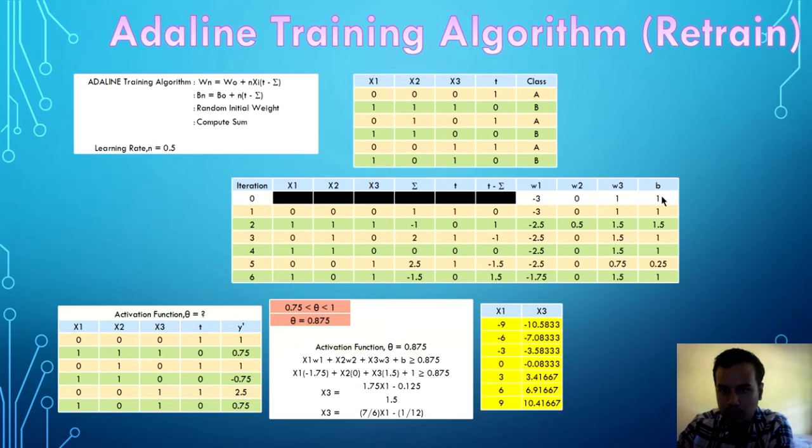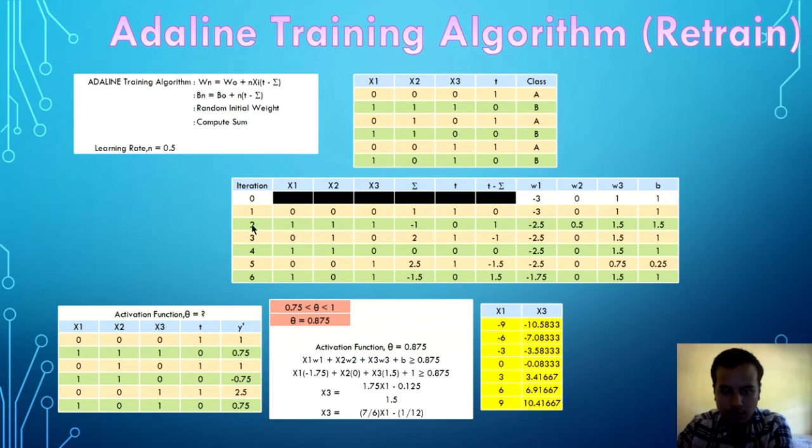And then for the bias, we calculate it. This is the formula. So B new is B old plus N times T minus sum, and because T minus sum is 0, B new equal to B old, so 1 also.